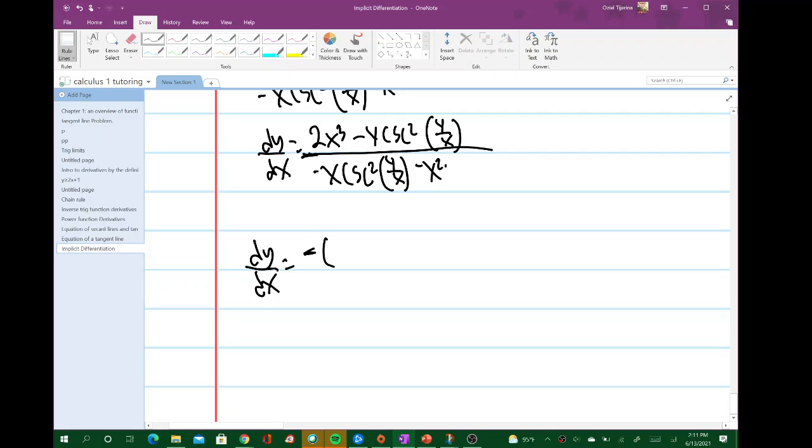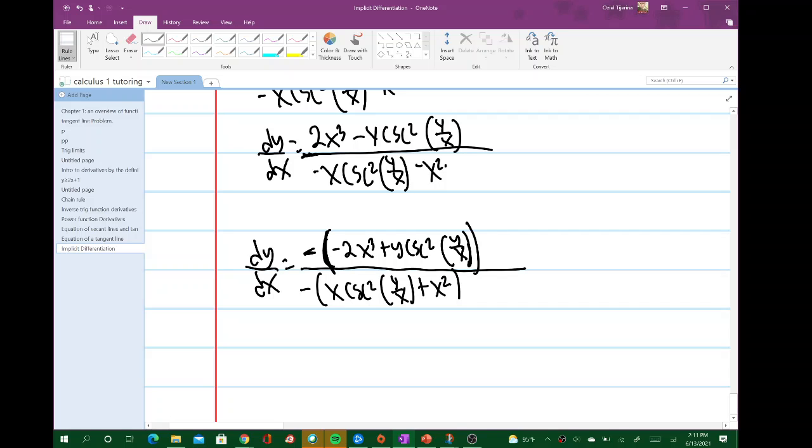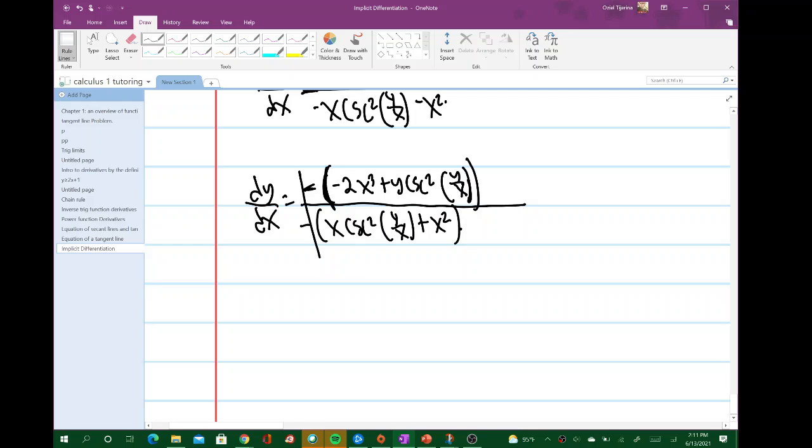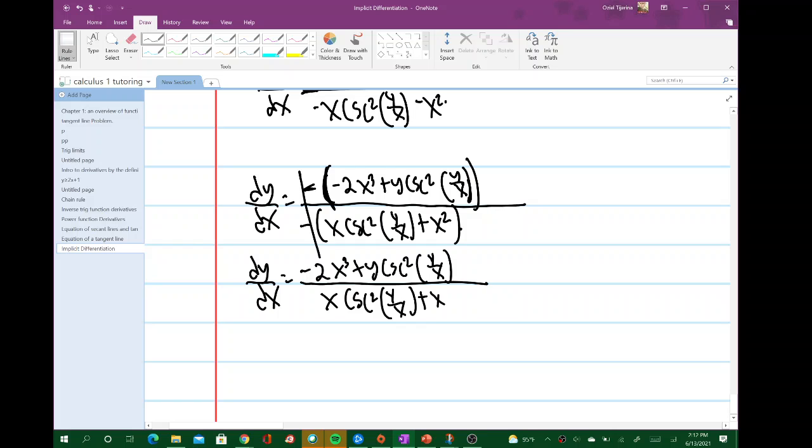Negative the quantity of negative 2x cubed plus y cosecant squared of y over x, over negative the quantity x cosecant squared of y over x plus x squared. These two cancel out, so you have dy dx is equal to negative 2x cubed plus y cosecant squared of y over x, over x cosecant squared of y over x plus x squared.